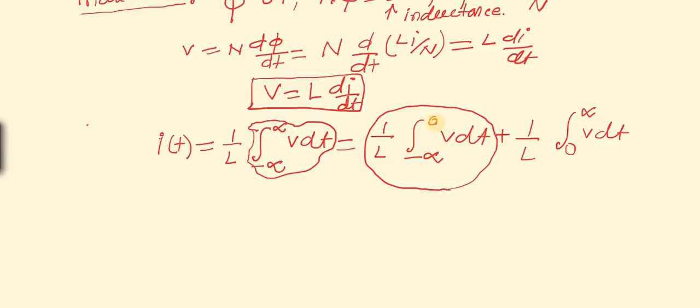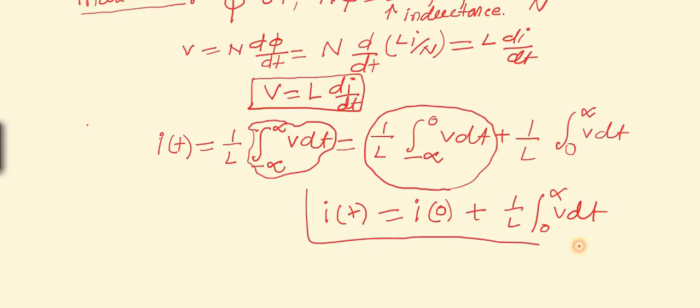That means initially it has some value of current, and this whole term we can write as I at 0, the initial value of current, and that value remains as it is. The current I over time t is equal to this. This is the current equation through any inductor.